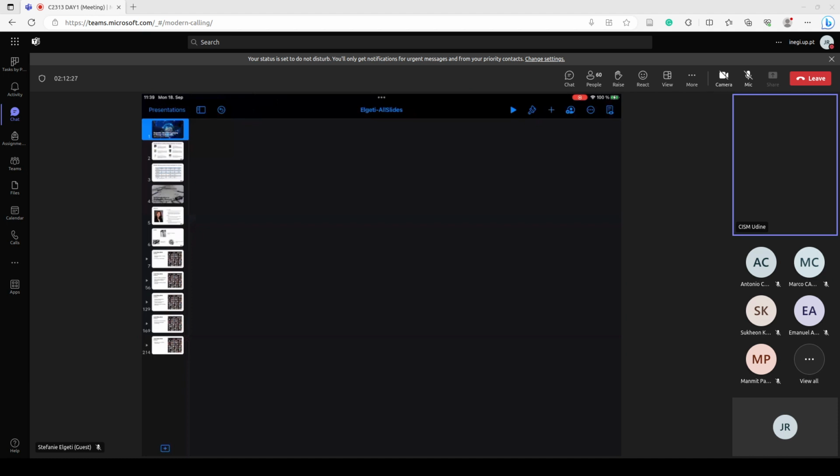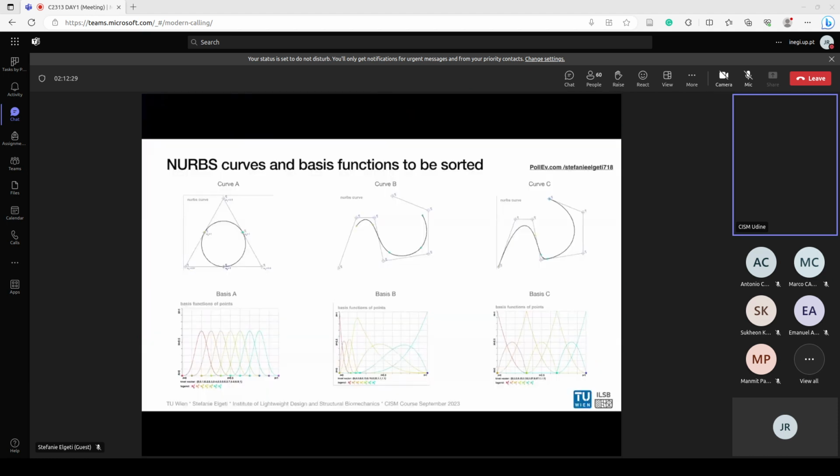Okay. So I have 3 NURBS curves here, and I have 3 basis functions, and they're mixed up. So the question is now, which basis function corresponds to which curve? Of course, I can repeat the question. So we have 3 NURBS curves here that we see.